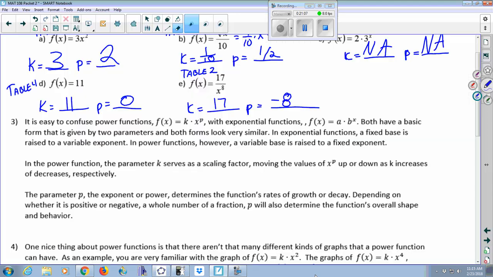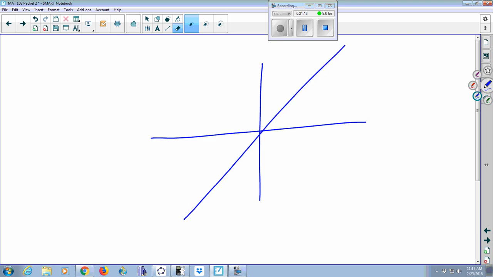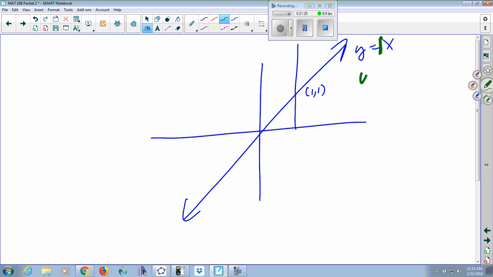I'll just do it the old-fashioned way, which is here's a straight line, y equals x. If I drew a line down through the point 1, 1, and now I change the scalar out here from 1 to, say, 4x, we know that this thing will be steeper.